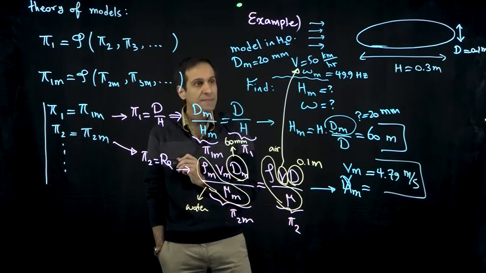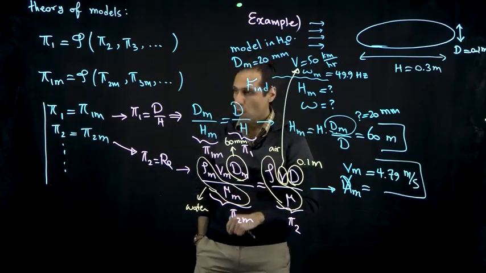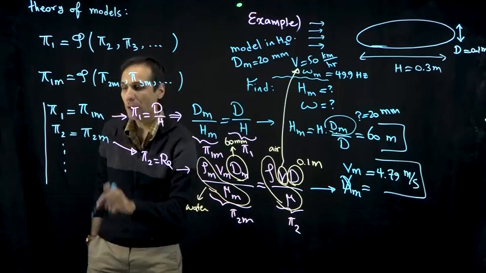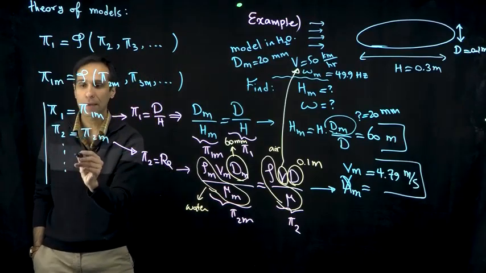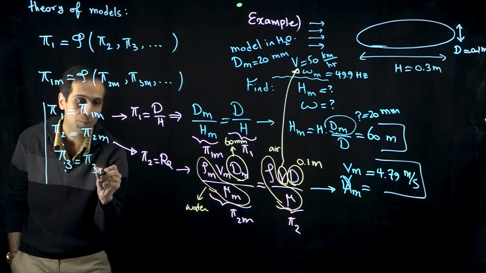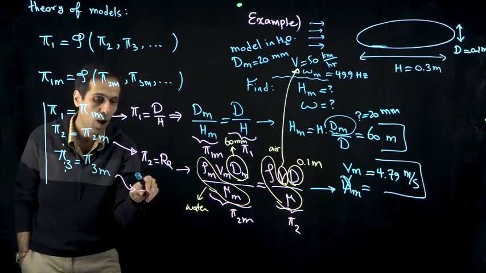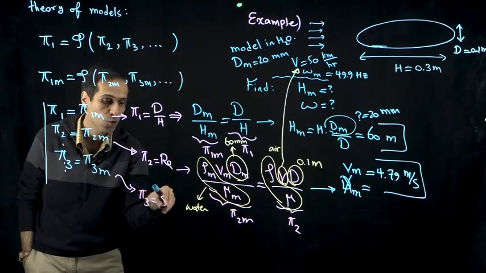Then the problem asks you for omega. Omega is the third one. So if I want to continue this table, I would say that pi 3 is equal to pi 3m. Therefore, pi 3 is a Strouhal number.